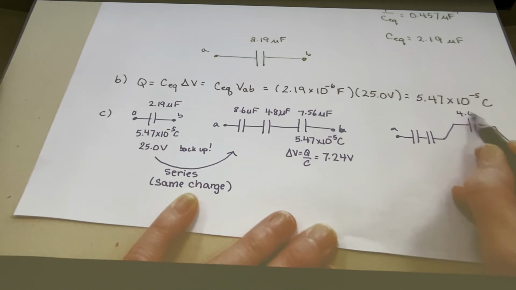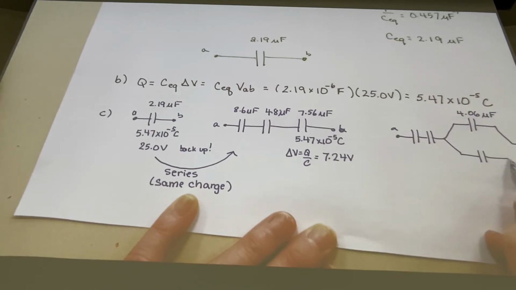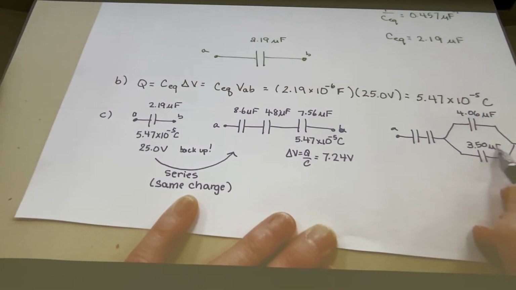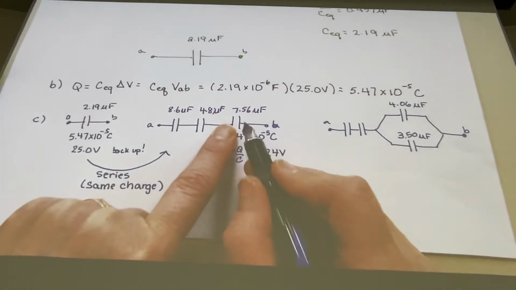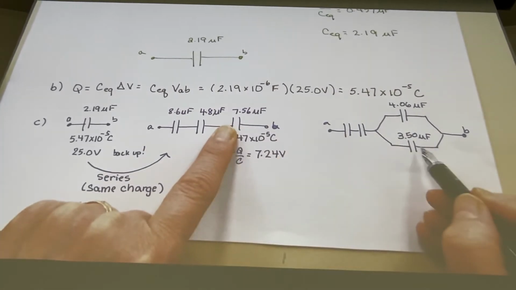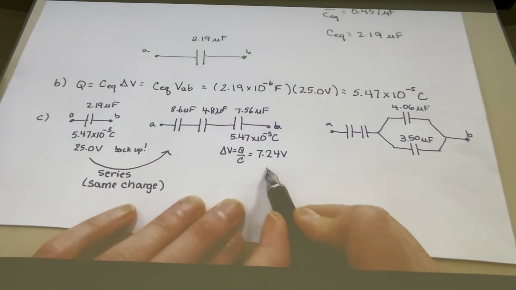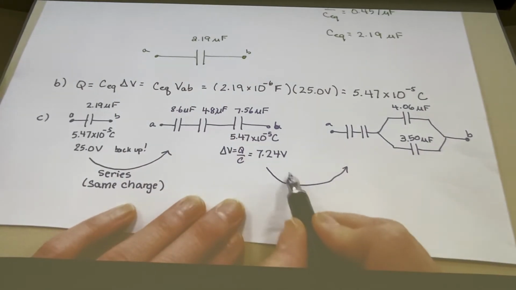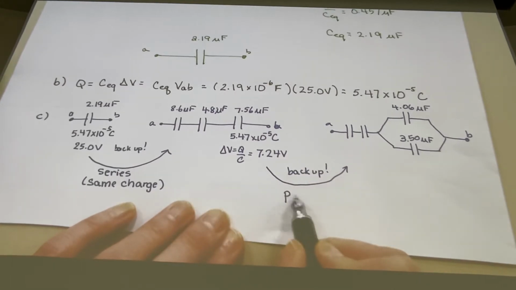This one was our 4.06, and down here was our 3.50. So let's ask about the combination. This 7.56 was a parallel combination of the 4.06 and the 3.5. So as we backed up, this was a parallel combination.